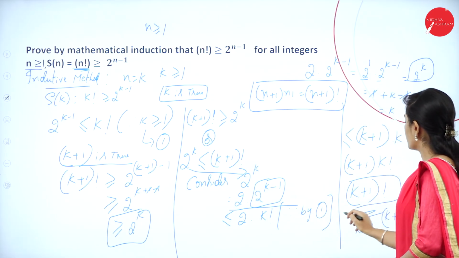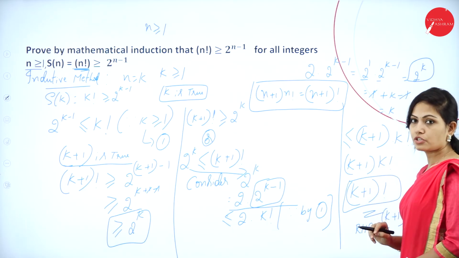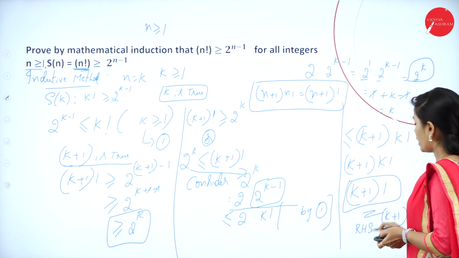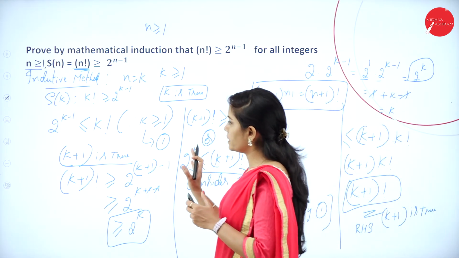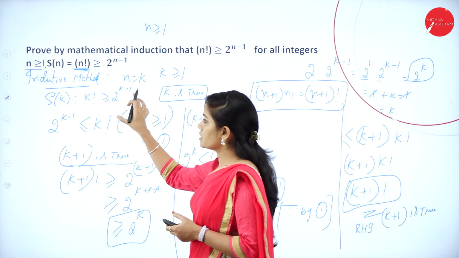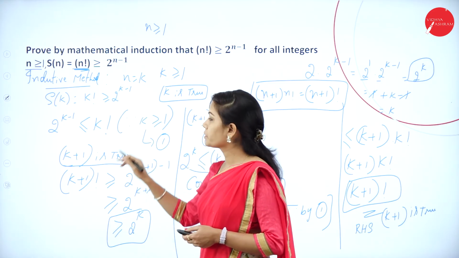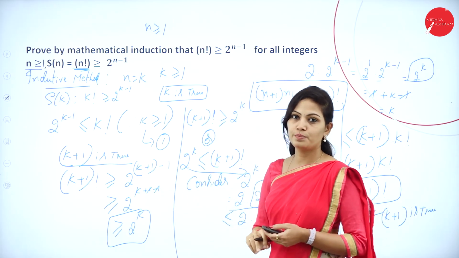So we got k plus 1 factorial. In place of k plus 1 into k factorial, we can write k plus 1 factorial. So we have proved that k plus 1 is true. It is a very simple concept. Please understand it properly. First is the basis step. Next is the inductive step. In the inductive step, first you have to prove that k is true and k plus 1 is true. That's it.